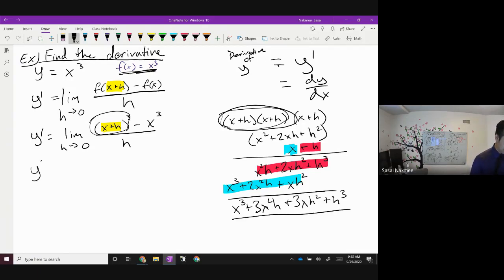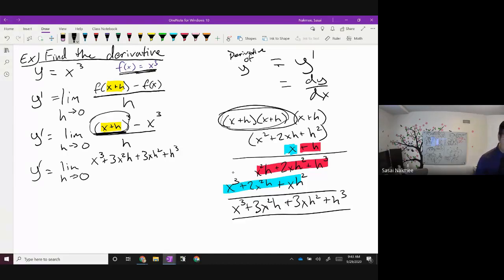So the derivative of y is equal to the limit as h approaches 0. And right here, this whole thing, this x plus h quantity cubed, I'm going to rewrite as x cubed plus 3x squared times h plus 3x times h squared plus h cubed.